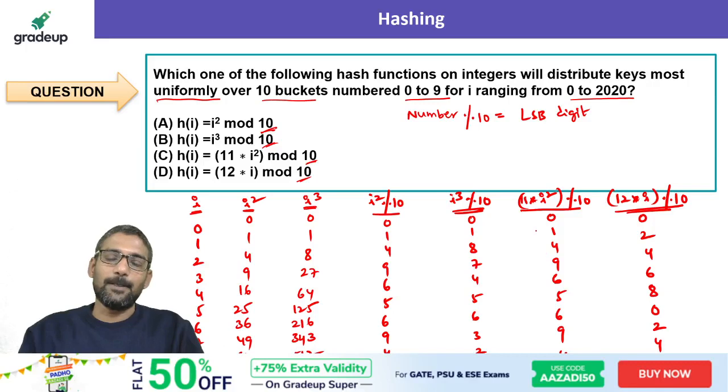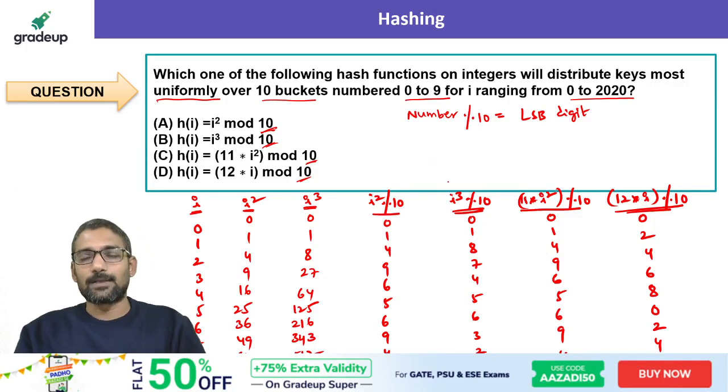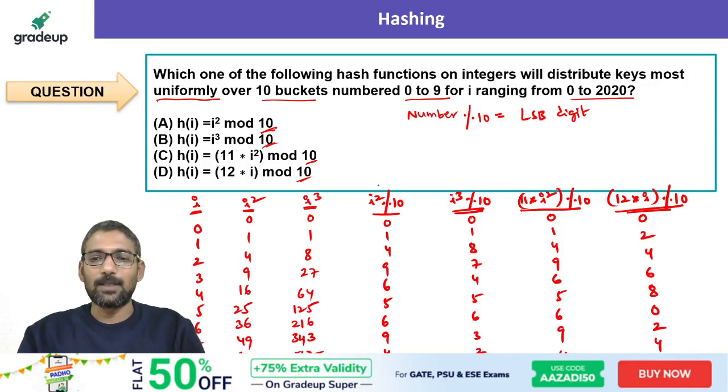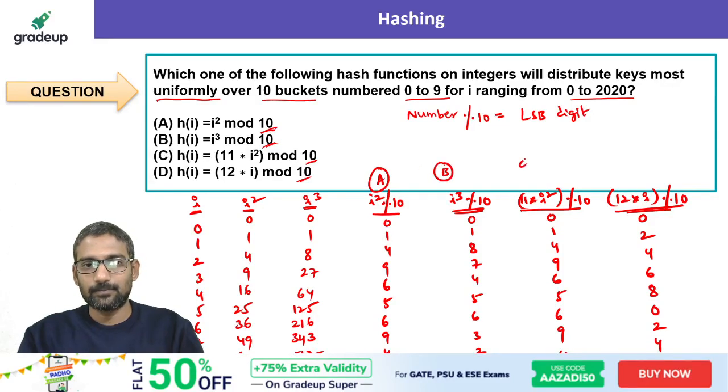Now you see where you are distributing all the keys in all the buckets. Here, if you see option A, i square mod 10: 0, 1, 4, 9, 6, 5, 6, 9, 4, 1. Where are slot 2 and the other slots?